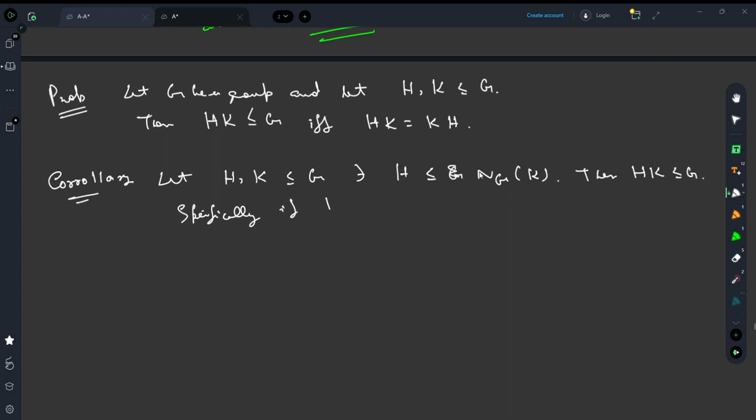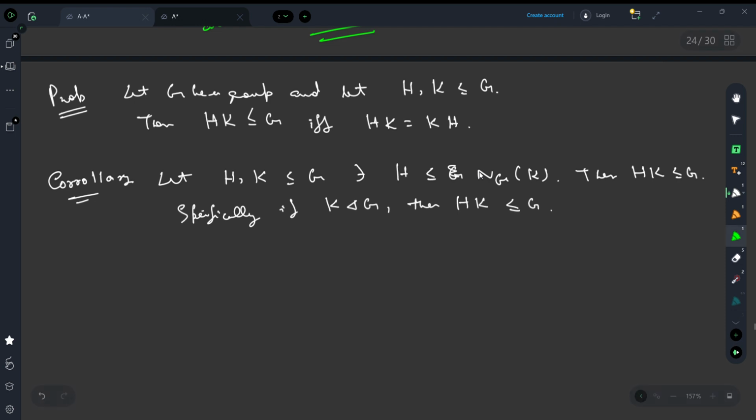If K is normal in G, then HK is a subgroup of G. Observe that the same proposition can also be written interchanging the positions of H and K, right?